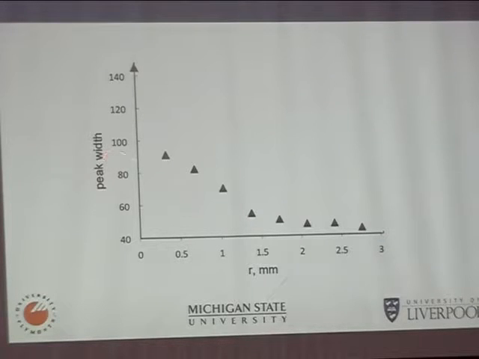So this would suggest that when the peak width is broader, you have plasticity present, and when it's narrow, you don't, because that's an indication of the fuzziness, as my material scientist collaborator calls it, of the grains. And so this would suggest that the plastic zone extends to about 1.5 millimeters ahead of the crack tip, and that this is now the elastic region with very little change in the fuzziness of the grains.